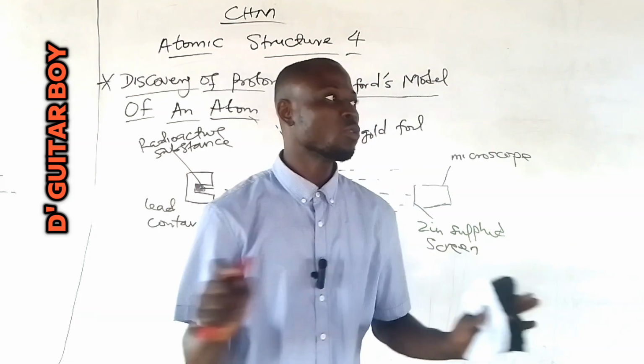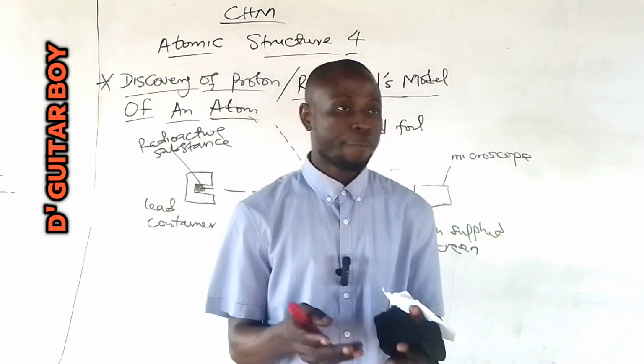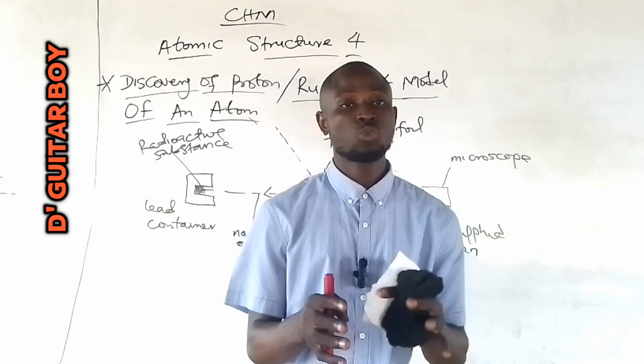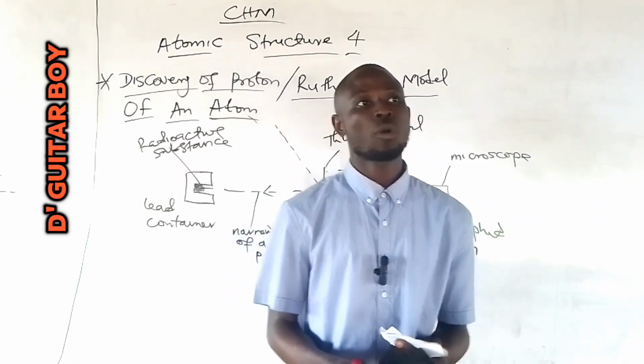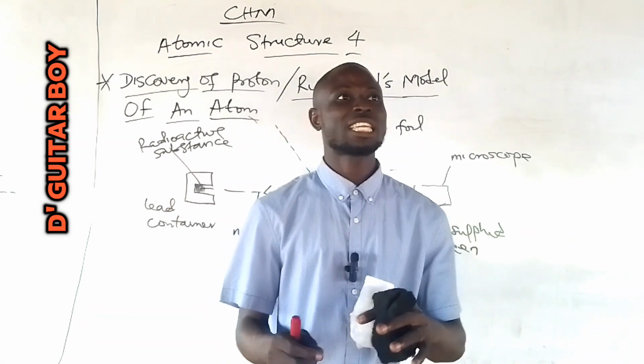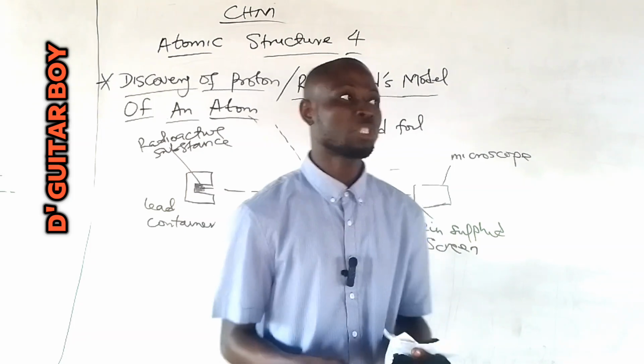That is the only way this can be imagined. And this is where Rutherford gets his nuclear theory from, that an atom has a large empty space. An atom consists of a large empty space.